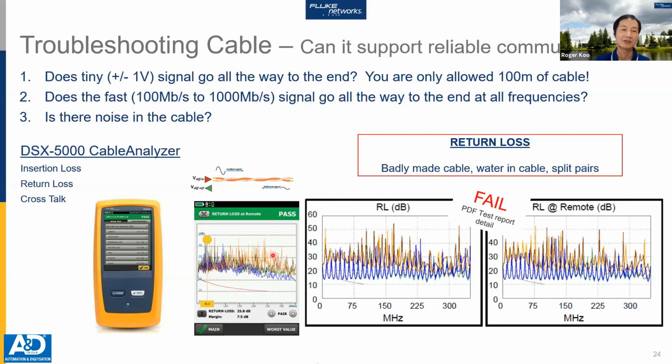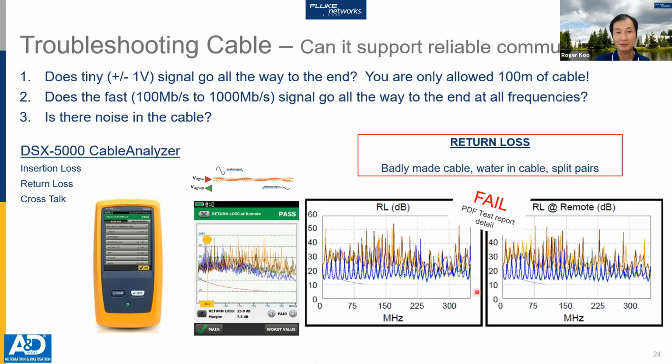The wavy lines represent each of these twisted pair responses on return loss. The greater the distance between the limit line and the wavy lines, the better the cable is at rejecting all these return signals.